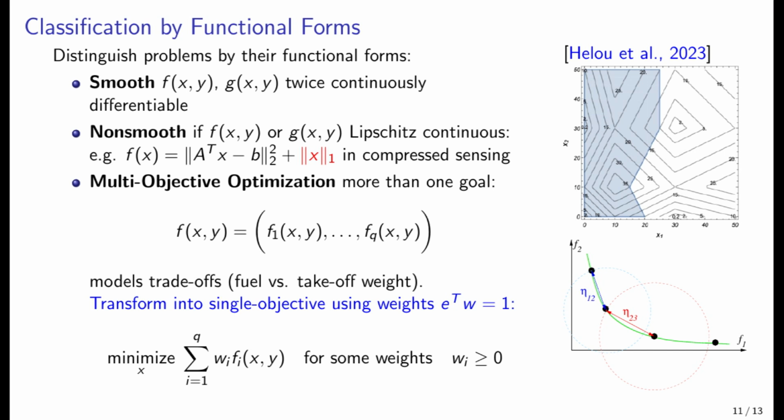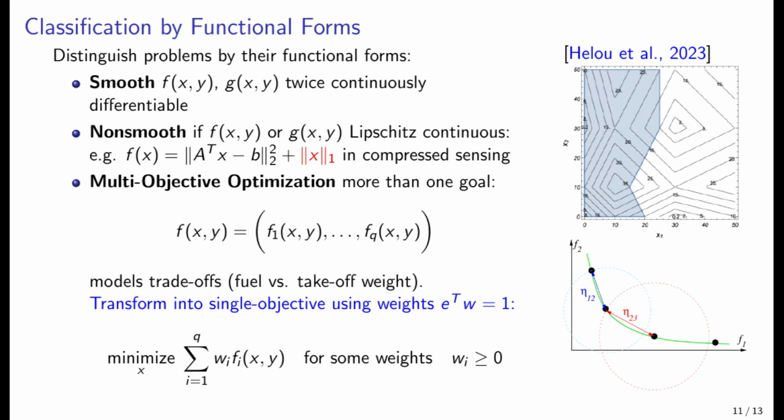We're not going to talk about this much, but you can also distinguish by its functional form. So in our case, we're going to assume that our functions are continuously differentiable or twice continuously differentiable. But if they are non-smooth, like in this example up there, where the level sets now have corners, sharp corners, those are also interesting problems. And they arise, for example, in compressed sensing, where you're minimizing an objective function that's a linearly squares form.